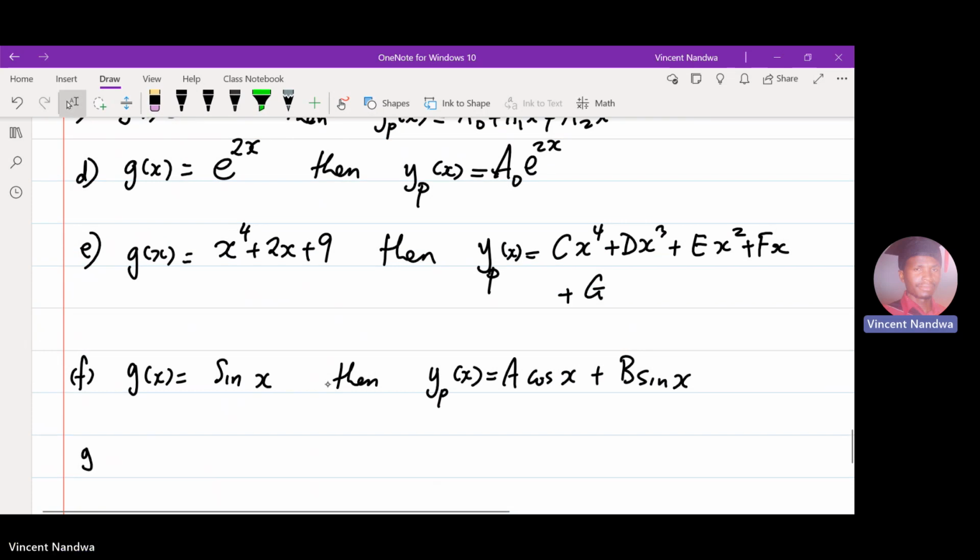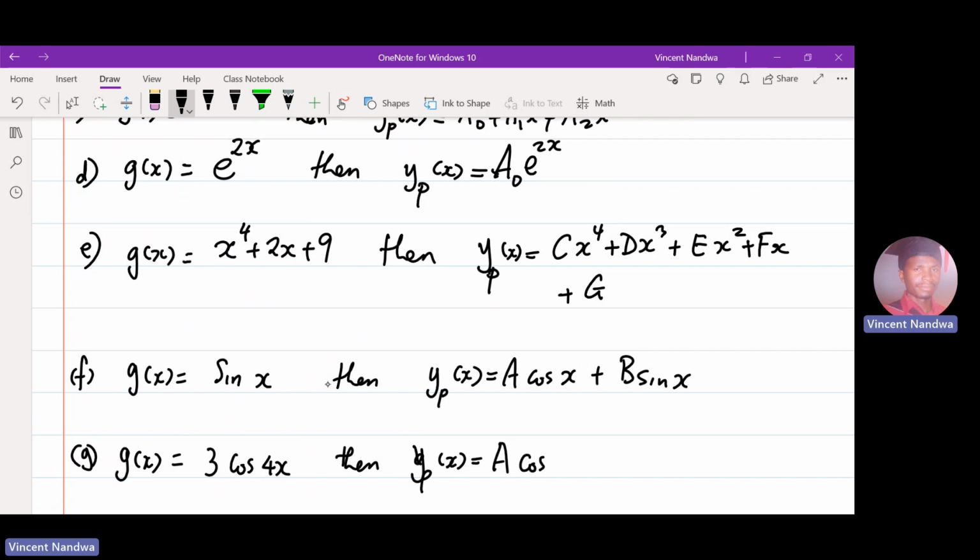Then if my g is given by 3 cos 4x, then what will be my yp? I have just the same thing: a cos 4x plus b sine 4x.